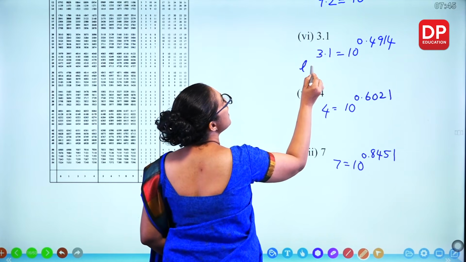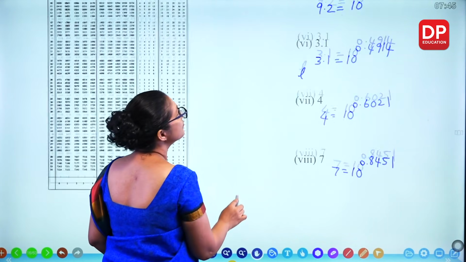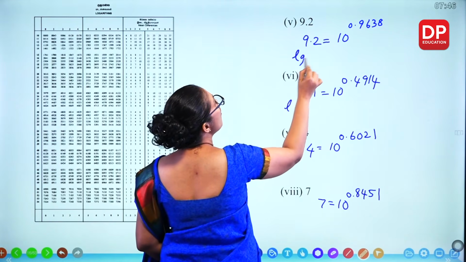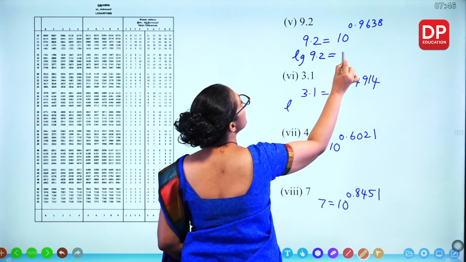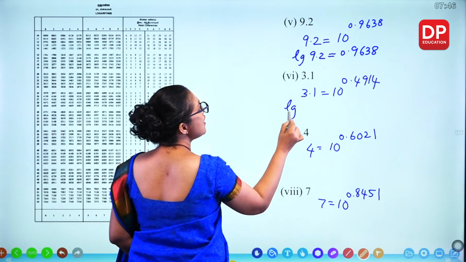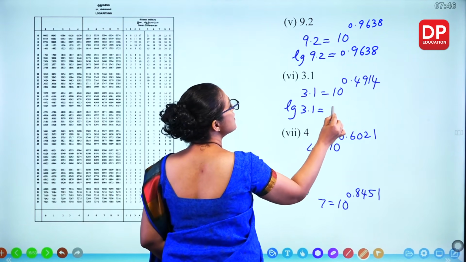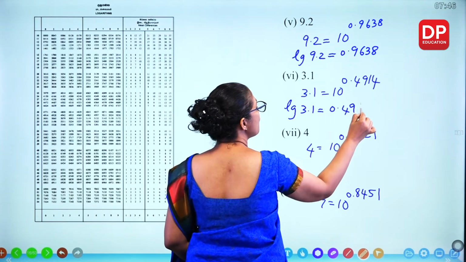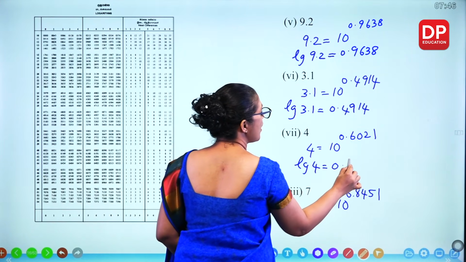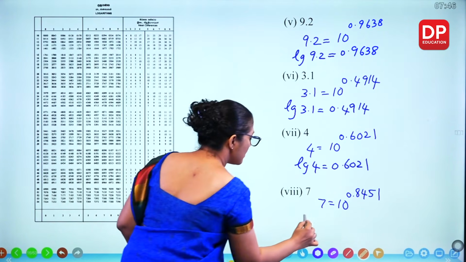So I can write LG of 9.2 is 0.9638. LG of 3.1 is 0.4914. LG 4 is 0.6021.